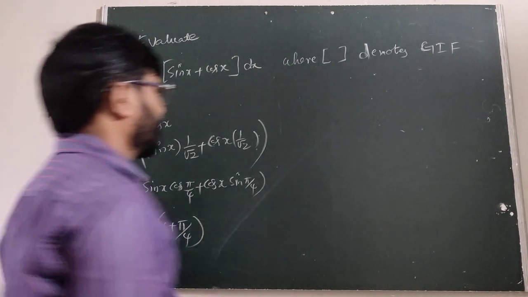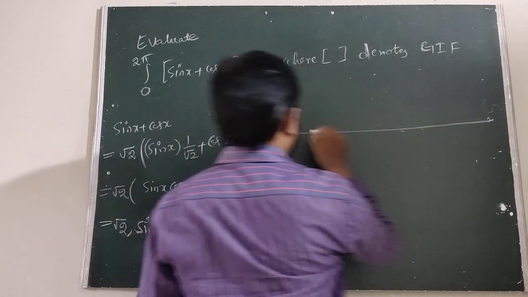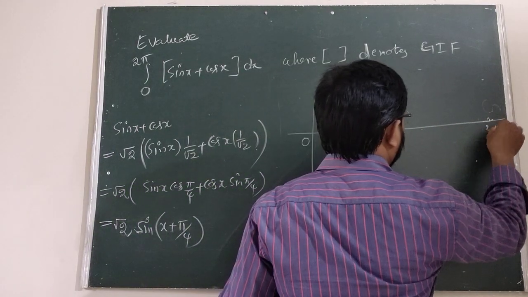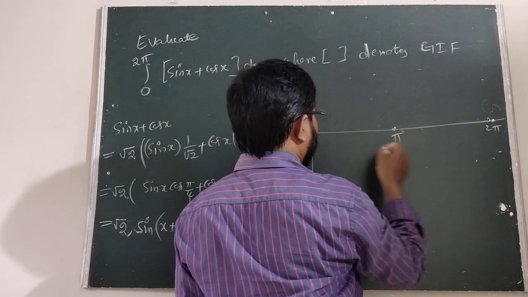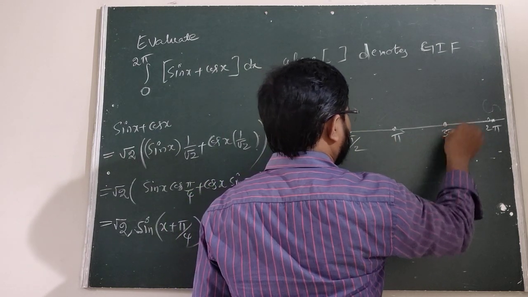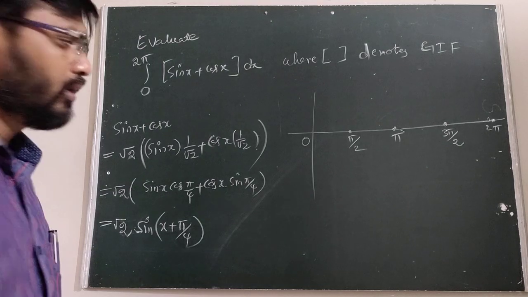Now all of you listen here. We have to take 0 to 2 pi. This is pi, this is 90, this is 270. Is it clear? 90, 180, 270, 2 pi.